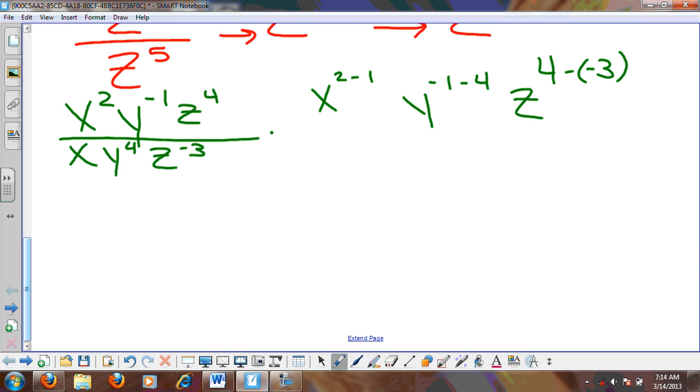Let's simplify that. X to the 2 minus 1 would be x to the 1st. Y to the negative 1 minus 4, y to the negative 5th. Yes. Z to the 4 minus negative 3 is z to the 7th. Okay?